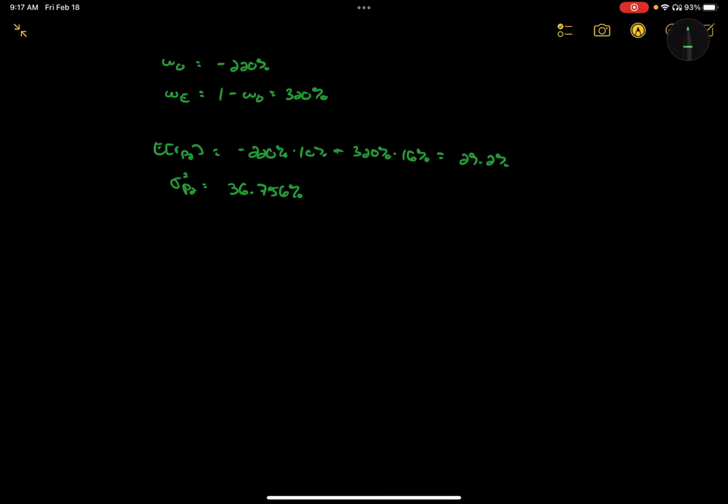Okay, so now the next step is to find y squared. So that's, we call it the proportion to invest in the tangency or the risky portfolio. So the equation is pretty simple.